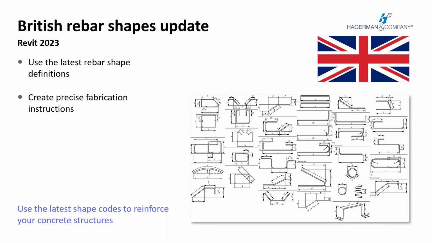And in case we have anyone who does work across the pond, the Rebar shape library for UK has been updated as well to the latest standard. So now you can use the latest shape codes to reinforce your concrete structures.